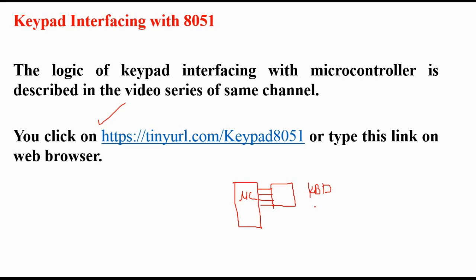In case of SPPU exam, you will be asked questions like write the interfacing or explain the keyboard interfacing with 8051. You need not write the program at this place. If you want, you can write the program. Only flowchart, algorithm and interfacing diagram and its explanation is sufficient.